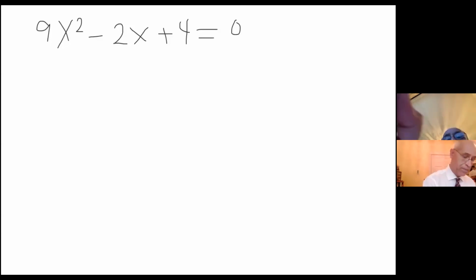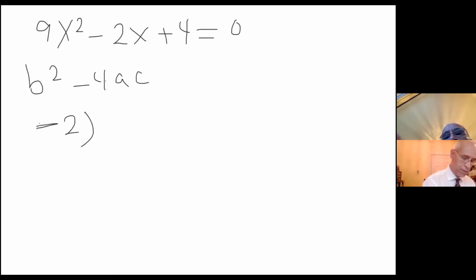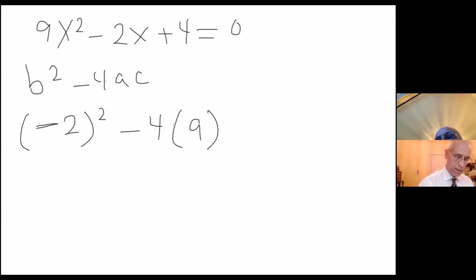Well, let's see. What is b squared minus 4ac? So I have minus 2 squared minus 4 times 9 times 4. Okay. And so negative 2 squared is positive 4.